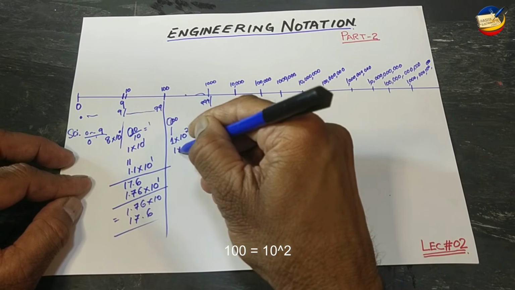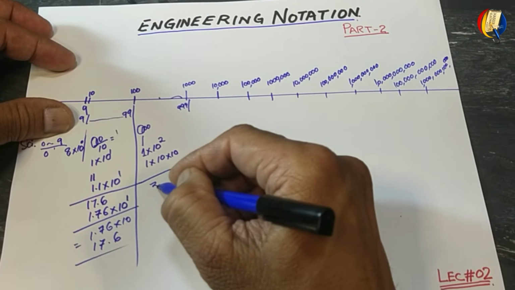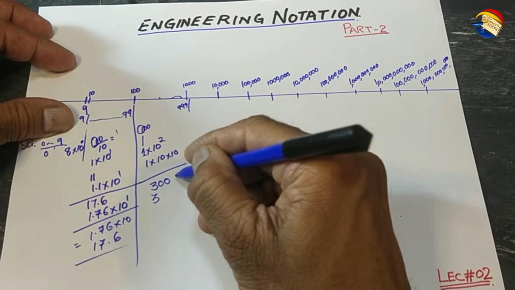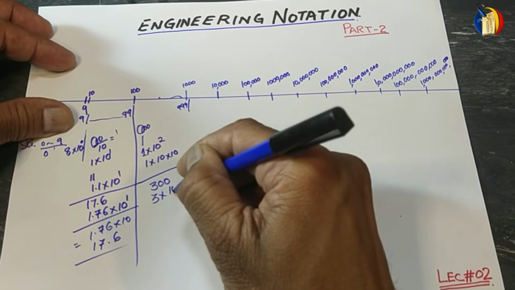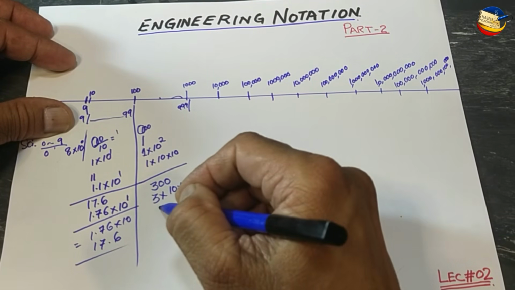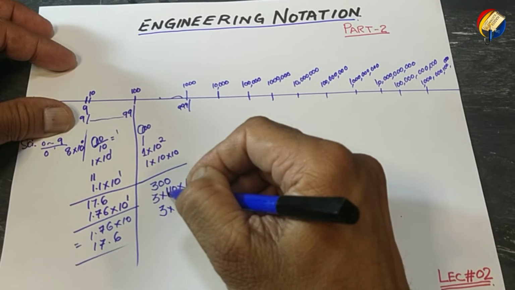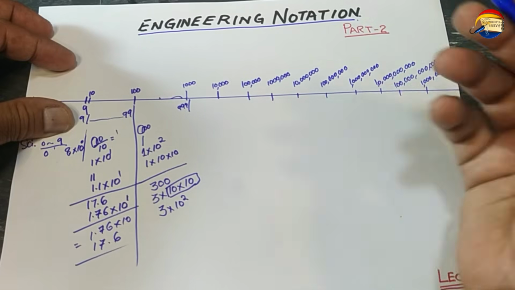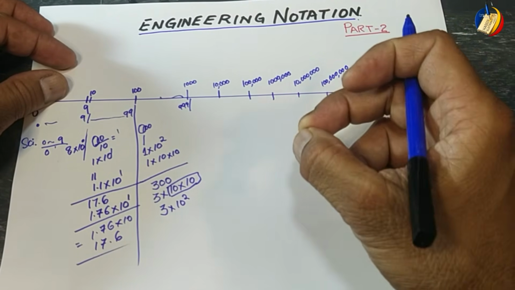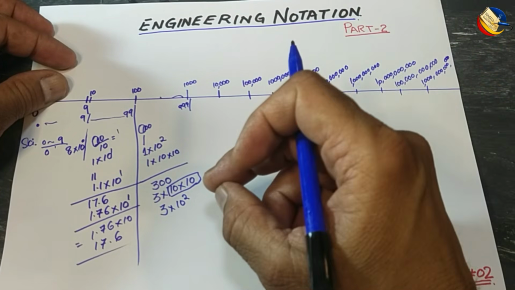It is equal to 1 × 10 × 10. We have 300. That means 3, we have two zeros. 3 multiplied by 10 multiplied by 10 is 300. So 3 × 10 raised to the power 2. This exponent, this raised power, indicates how many times 10 will be multiplied with 10.